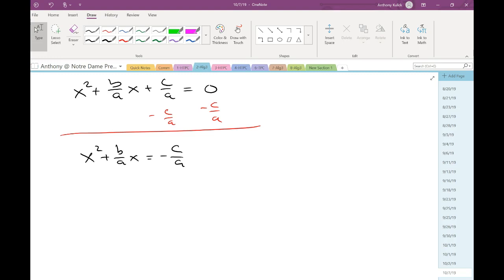Now comes the completing the square process, where I'm going to add b over a divided by 2, squared, to both sides.